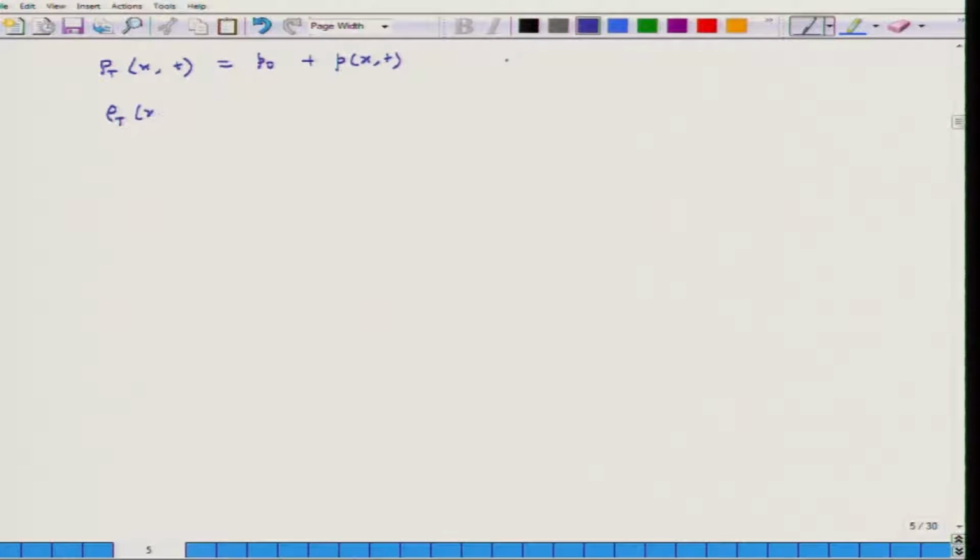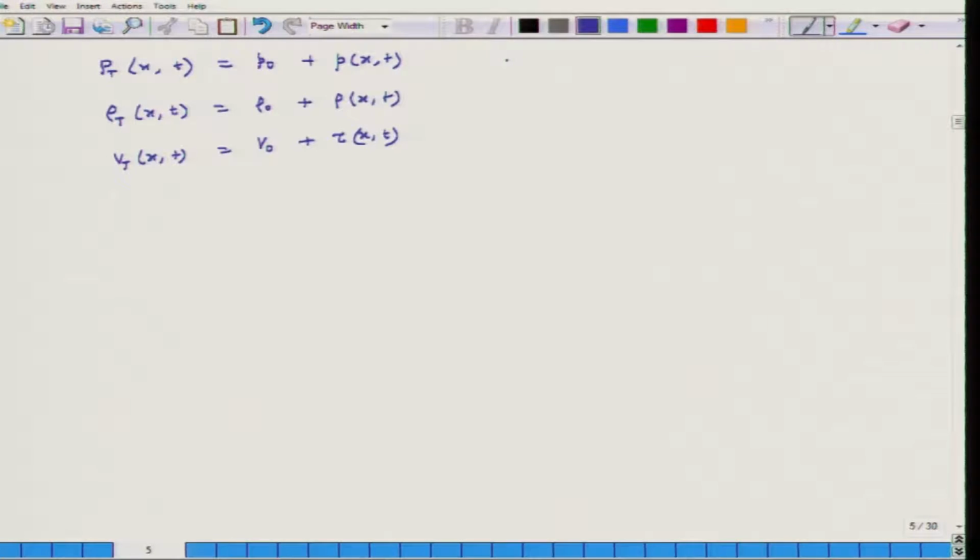Similarly, rho(x,t) equals rho naught plus a fluctuation in density, which is a function of x and time. Then the total volume is the sum of the original volume plus the change in volume. Here the change in volume is designated as tau and not as V, because later in some context we may use V as voltage.